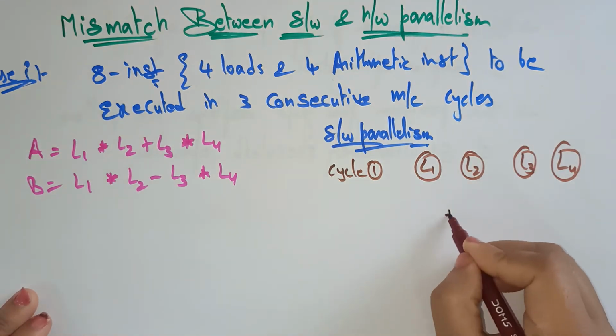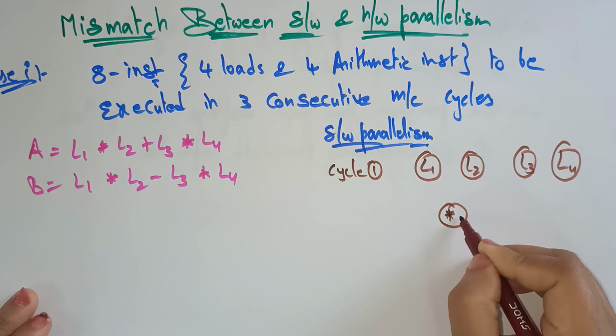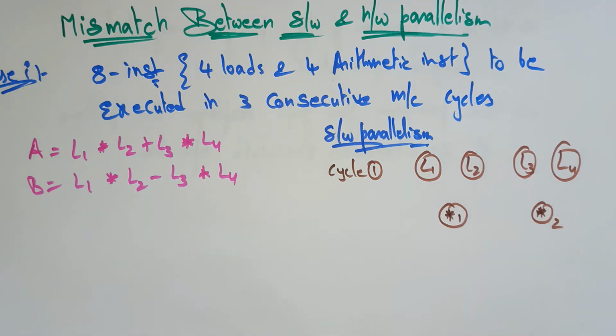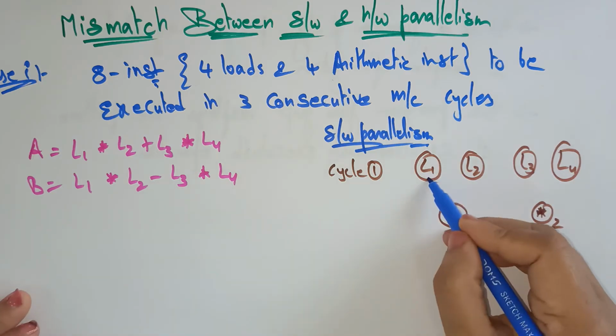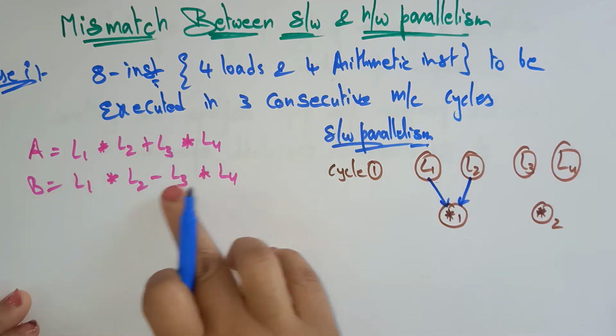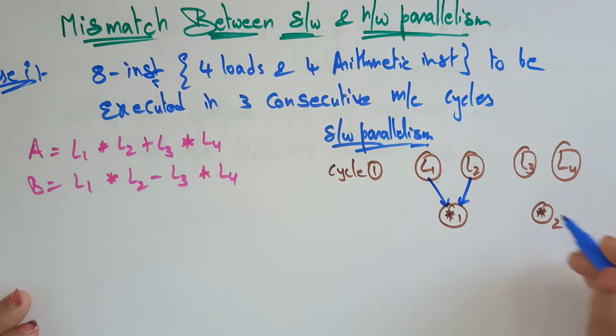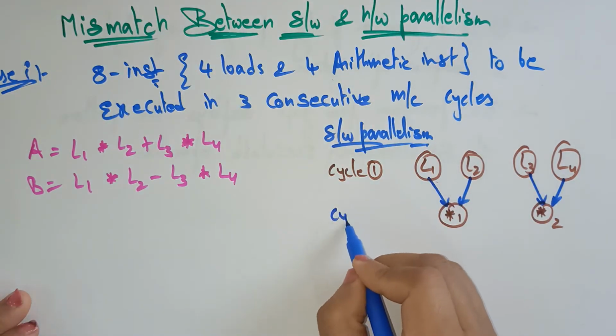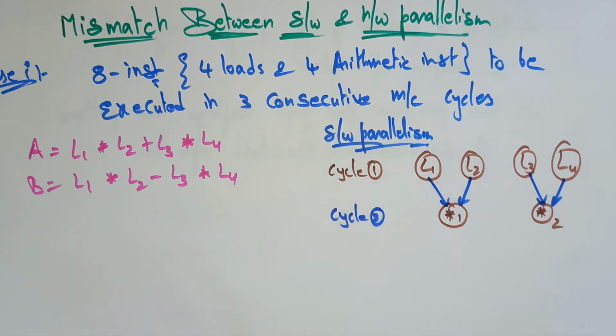Later, it performs multiplication 1 and multiplication 2: L1 into L2 and L3 into L4. This is cycle 2.